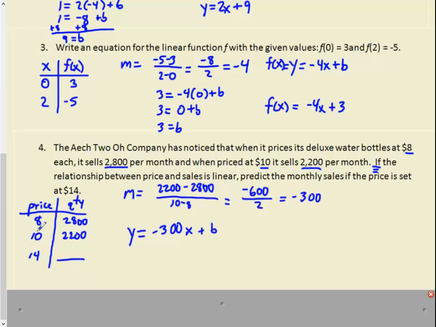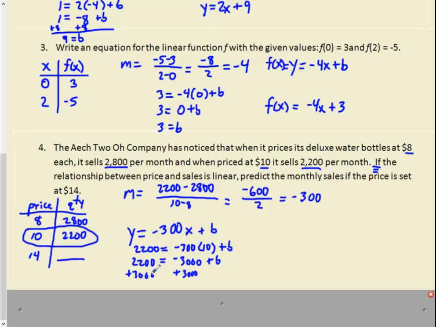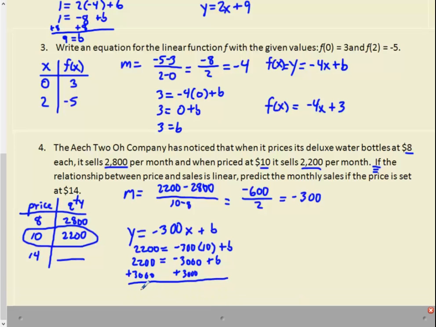So if we use, let's say, that second point, (10, 2,200): 2,200 is equal to negative 300 times 10 plus b, or in other words, 2,200 is equal to negative 3,000 plus b, and then we would add 3,000 to each side to get 5,200 equal to b.